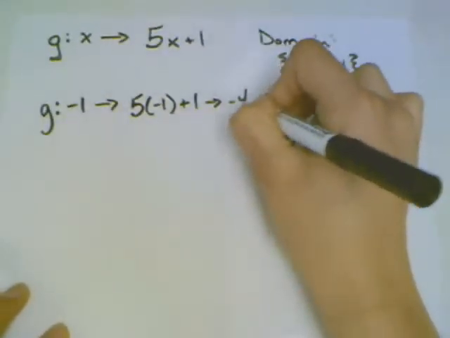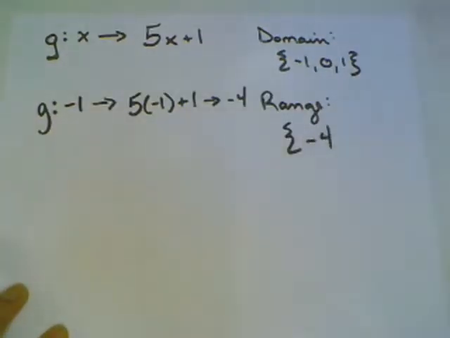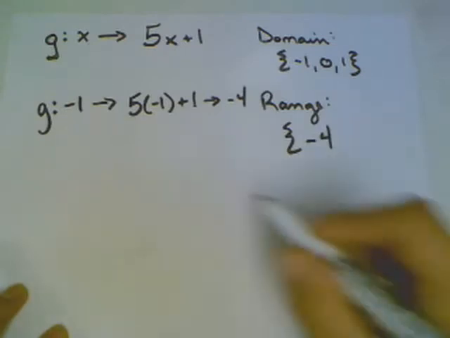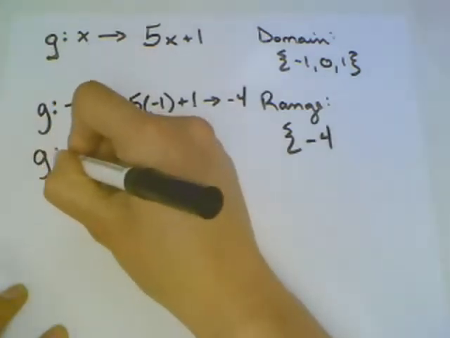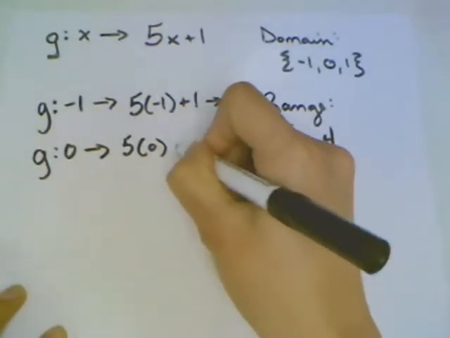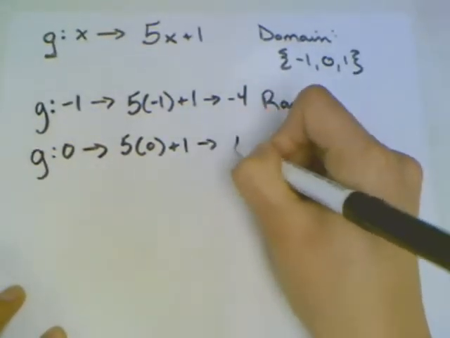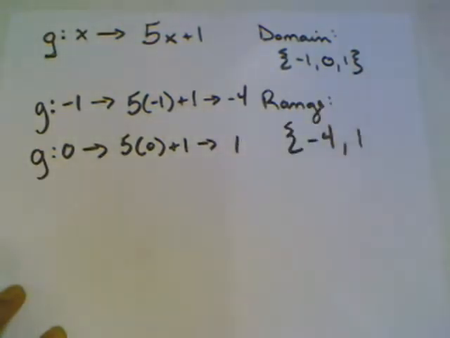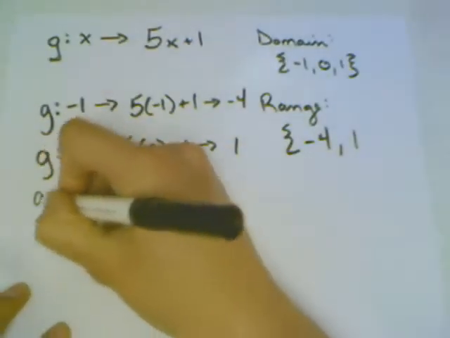So this is -4. -4 is in my range. It's a possible output. Do the same for the next input. Input 0. That means 5 times 0 plus 1. I should get 1 as an output. So 1 is a possible value in my range.